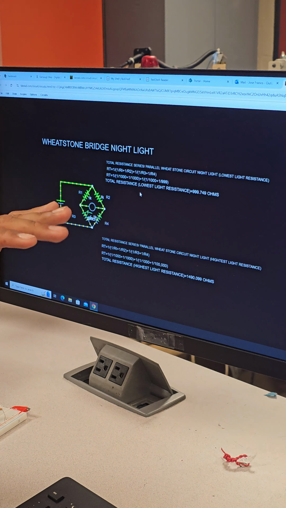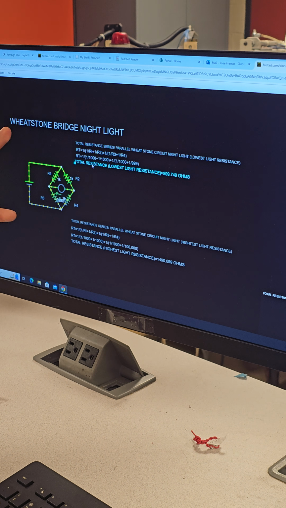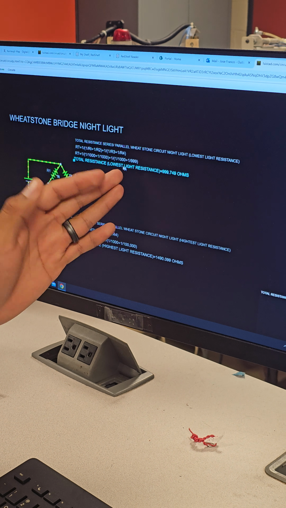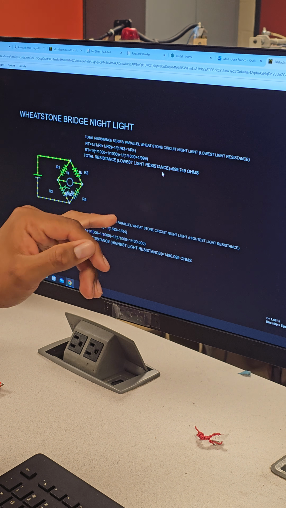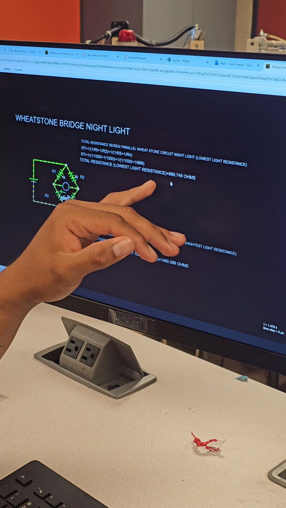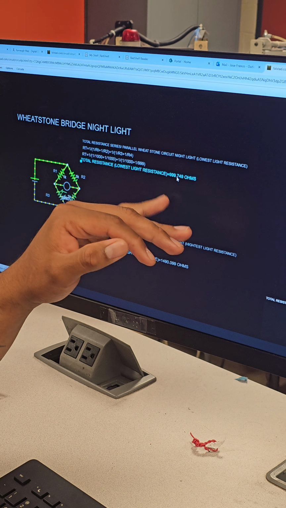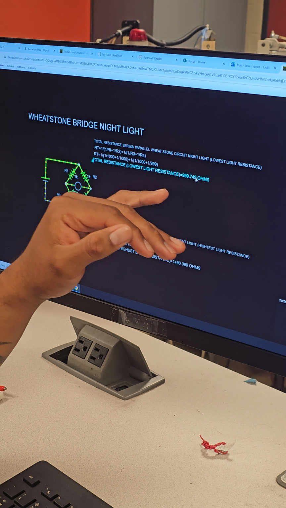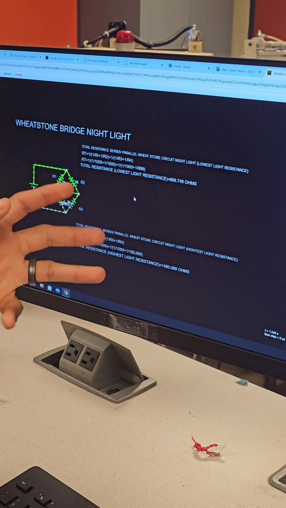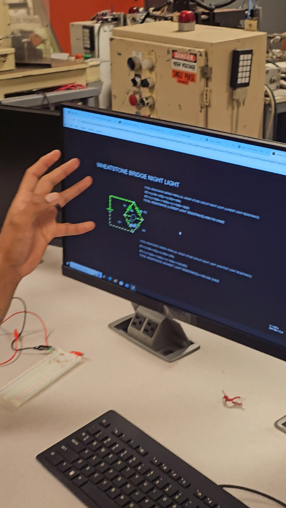When you do all the math, it should come out to the total resistance for the lowest light resistance on this light resistor we have here in the circuit simulator. It would be equal to 999.749 ohms. That is how you calculate the lowest end.